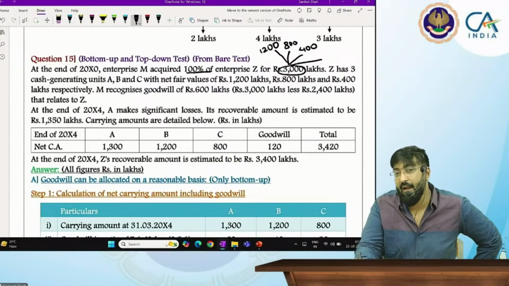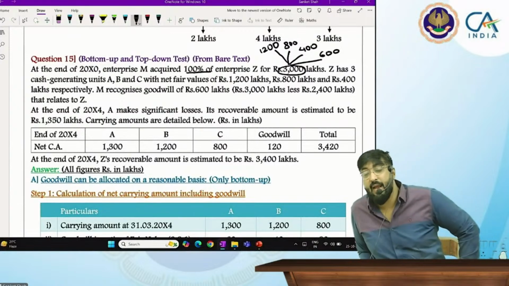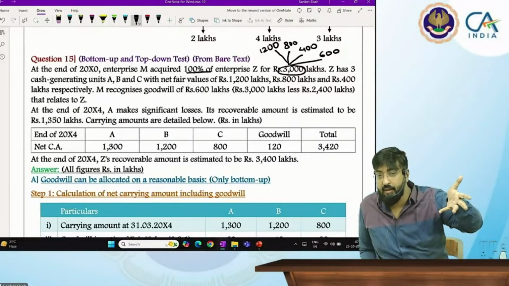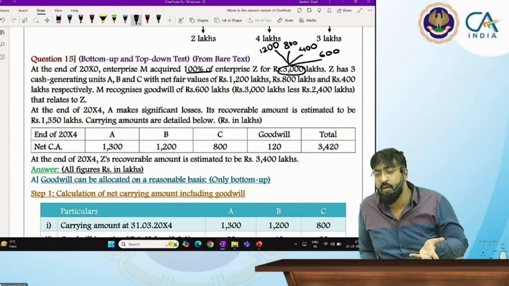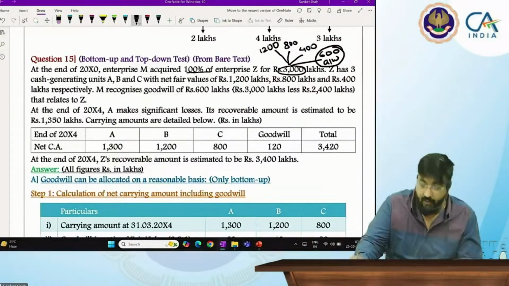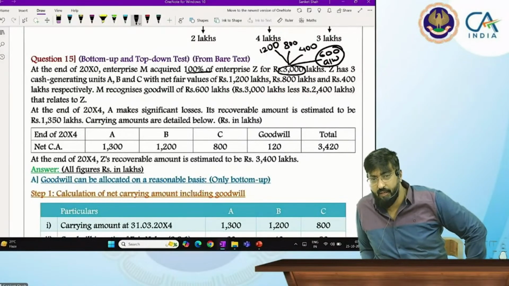And the value of the entire unit is 2400. So what is the excess amount that they are paying? 600. And this 600 rupees, can we call it goodwill because we are paying something extra? Why are we paying extra? Because of their goodwill, brand name, branding. Okay.